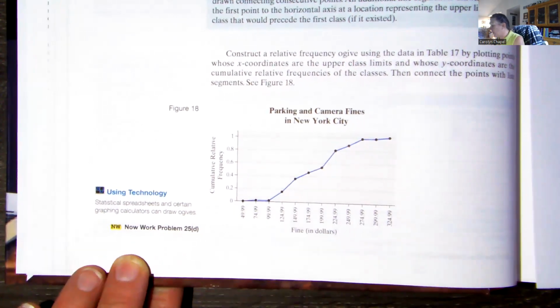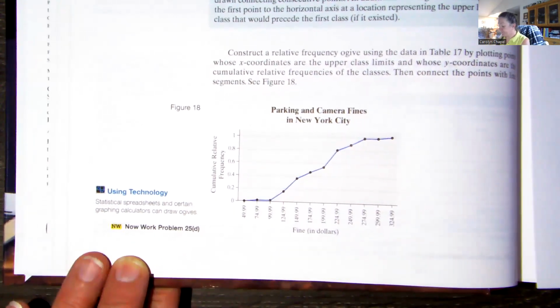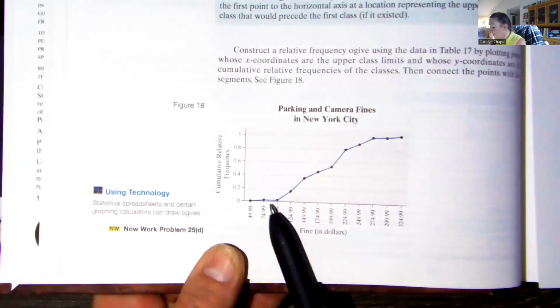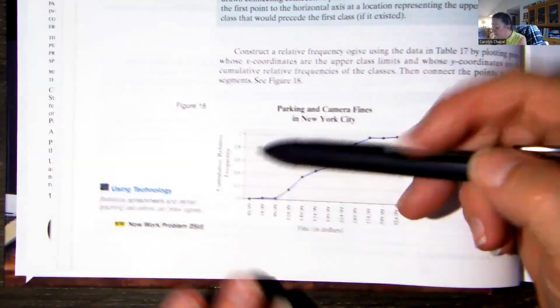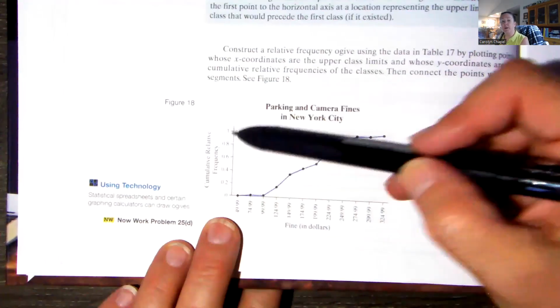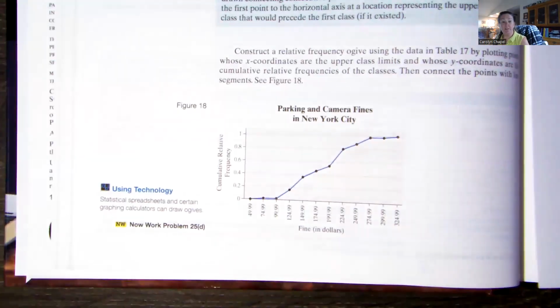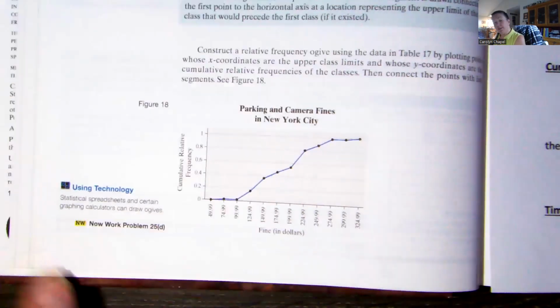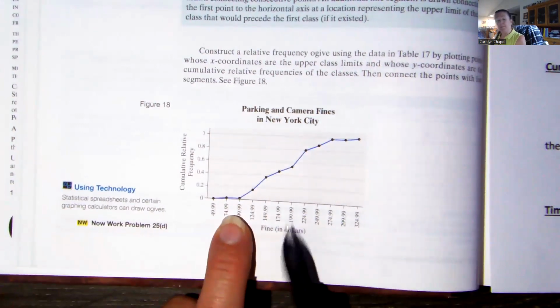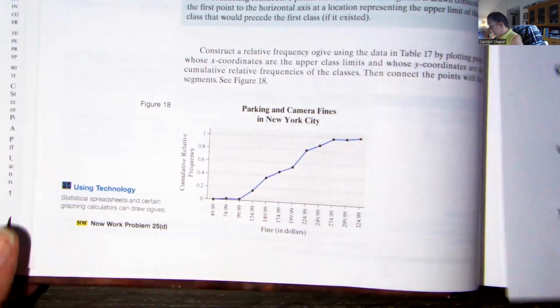And we could have added all those as we went along. So here would have been my 1 and my 8 and so on and so forth. So how you label or scale this will depend on if you're going to use the cumulative relative frequencies or just your frequencies. Okay, we can do this in Excel. I will show you that in a moment.